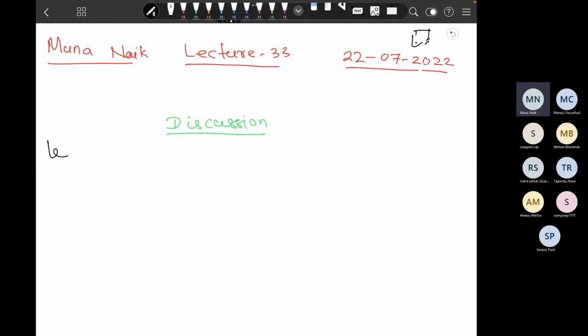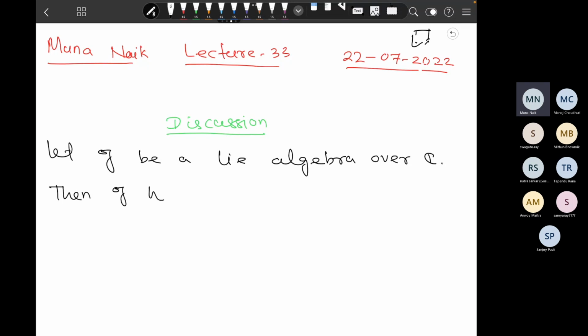So let G be a Lie algebra over C. Then G has a real Lie algebra structure.